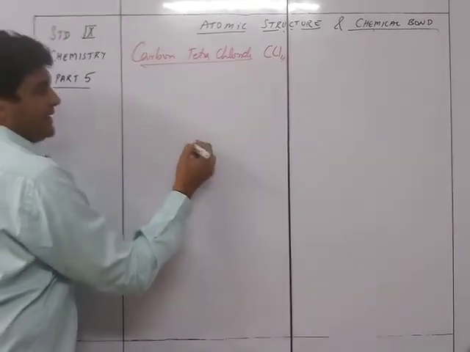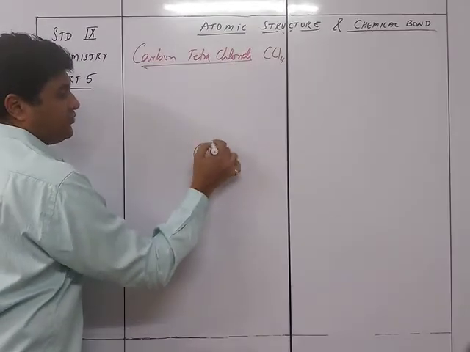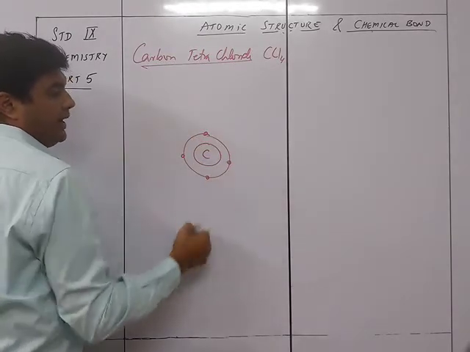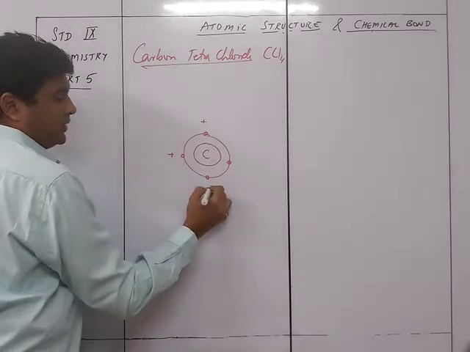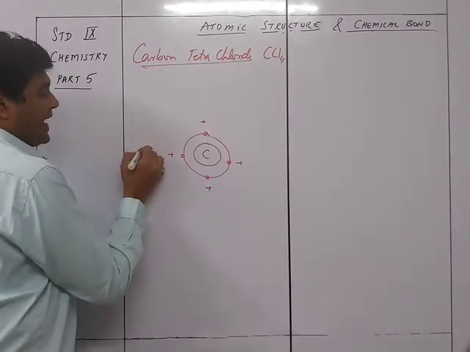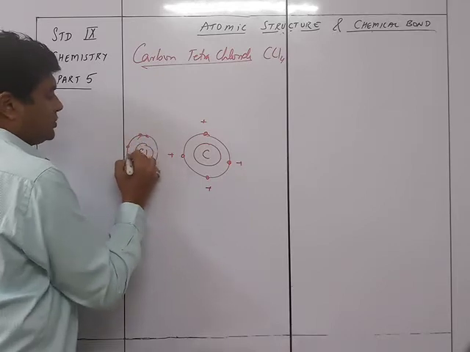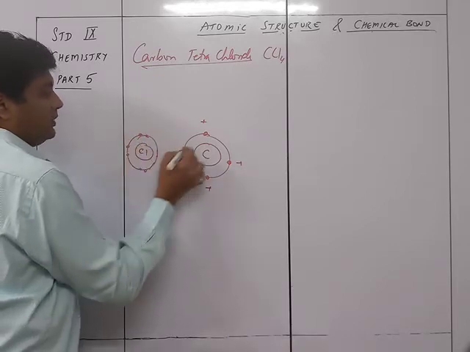Same way C will be at the center with 4 electrons, 1, 2, 3 and 4. And on all the 4 sides over here will be 4 chlorine atoms, with 7 electrons in the outermost shells.